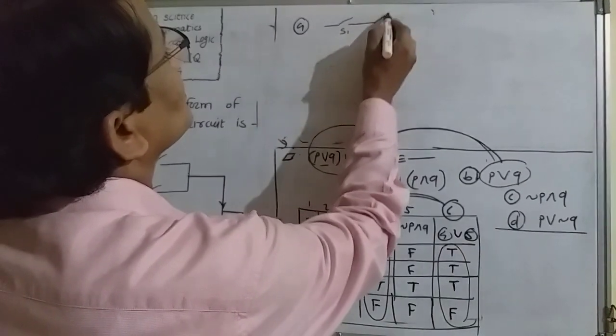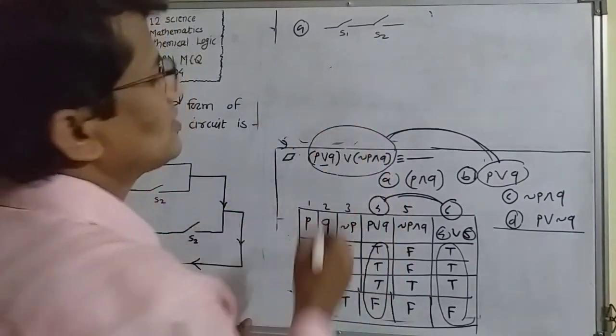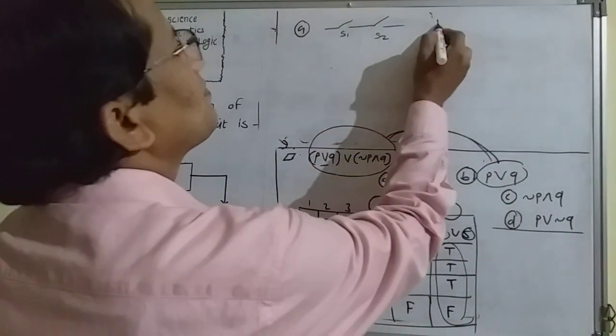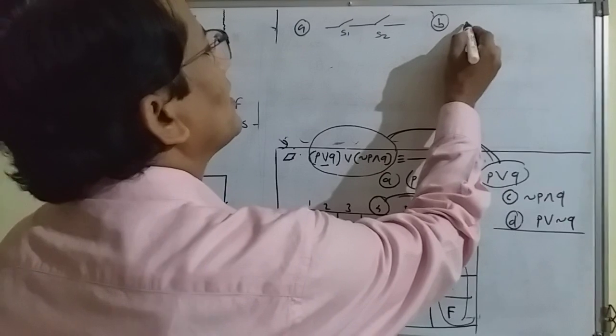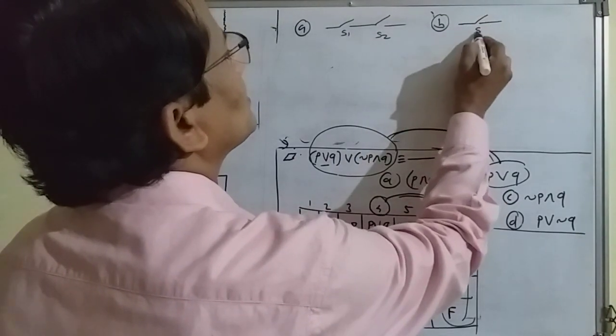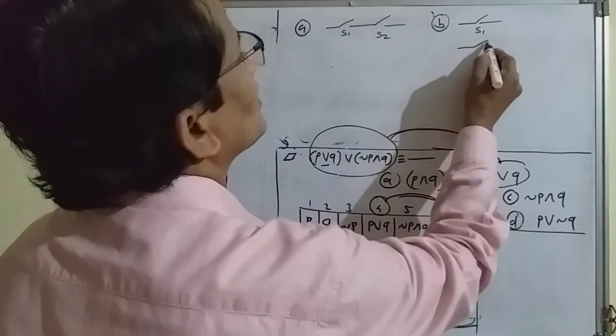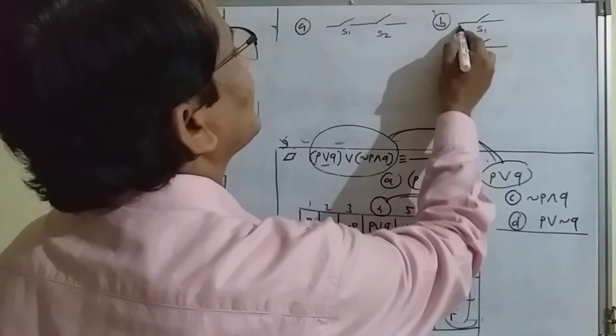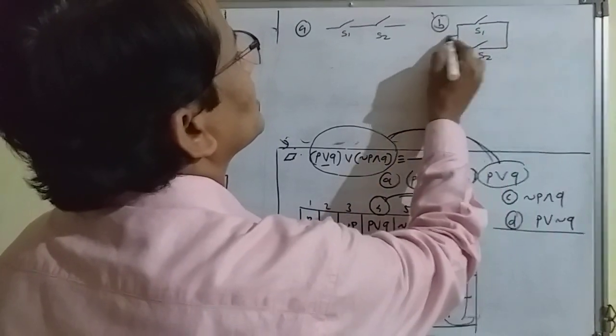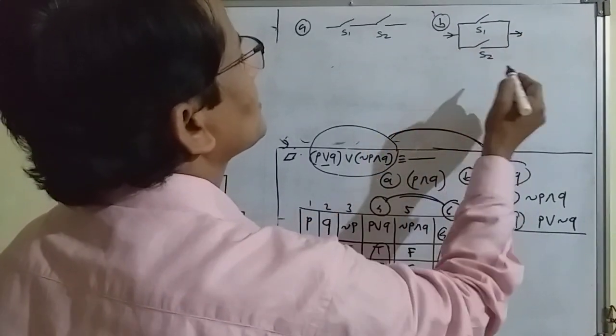Option first is S1 and S2. This is option number 1. Option number second is S1 or S2, and they're connected like this. Here current is flowing like this.